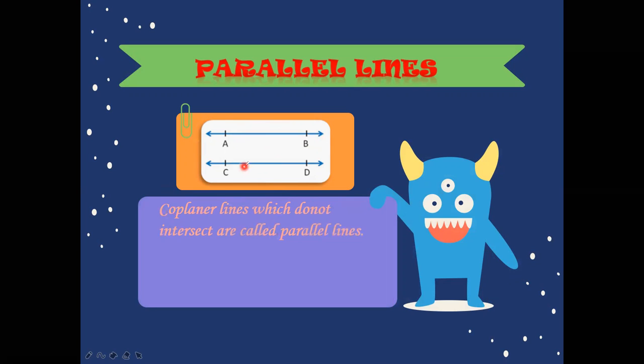The coplanar lines which do not intersect are called parallel lines. Here, the distance between these two lines is the same, and when you extend these two lines on the left side or the right side, they will never intersect or cross each other at any point. So we say that these two lines are parallel lines.